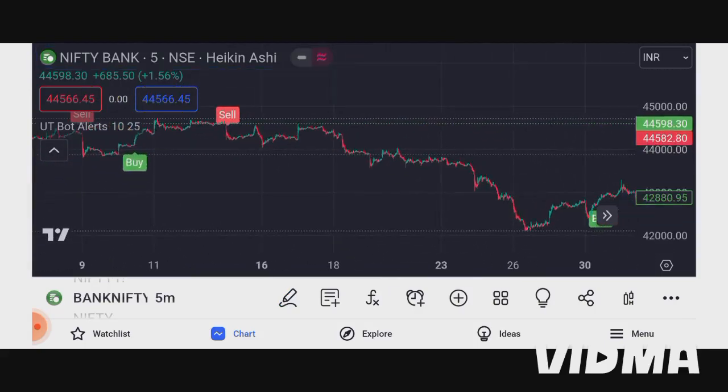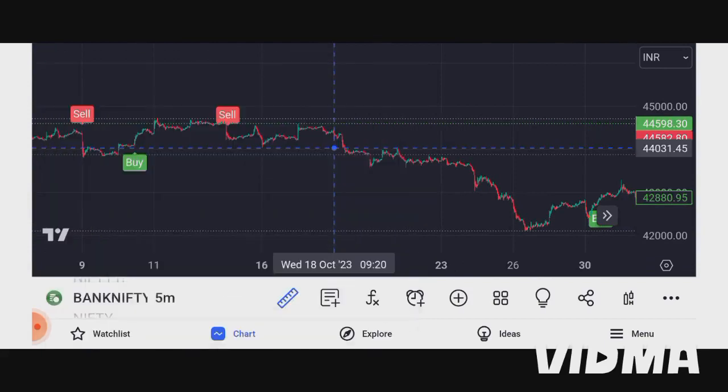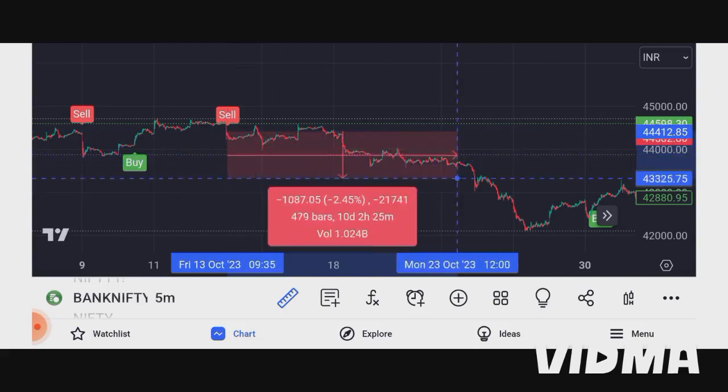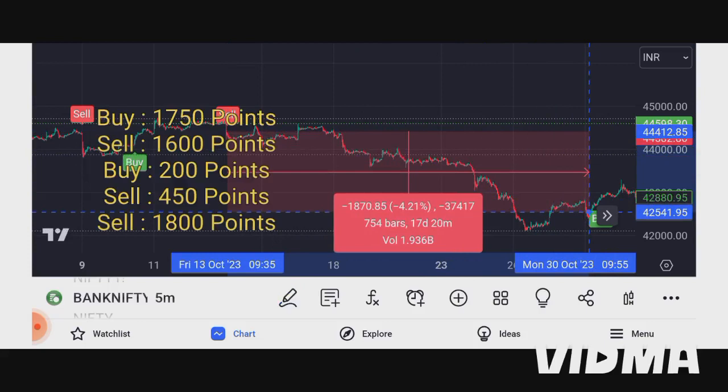Again a sell is coming. From this sell to the buy, it is giving almost 1800 points, from 16 to 30.